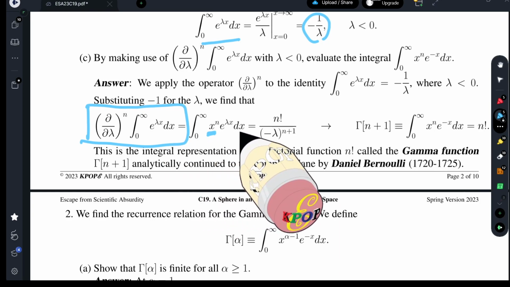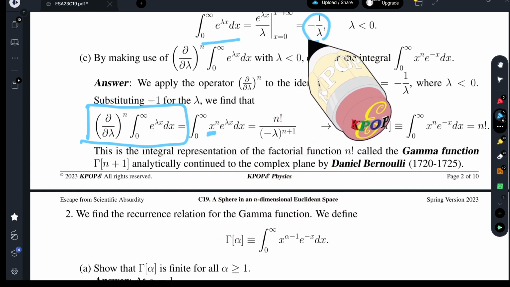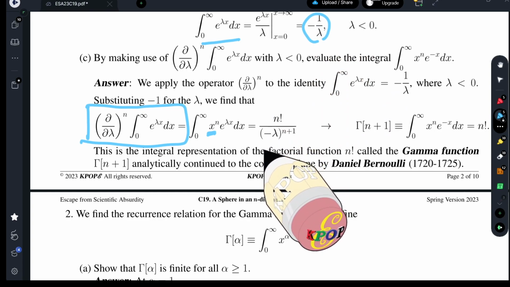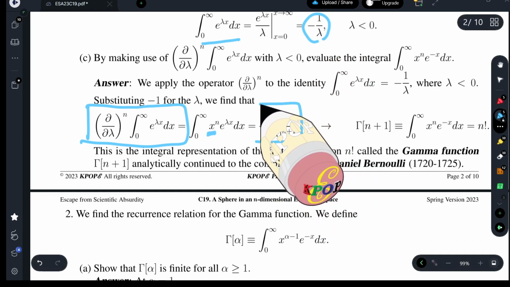And then mathematical induction can be applied to find a general value.